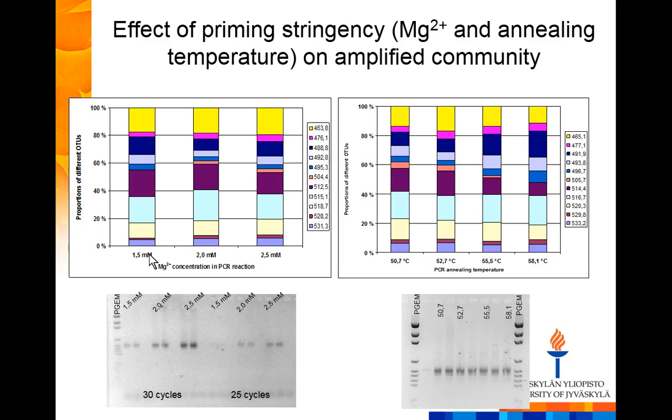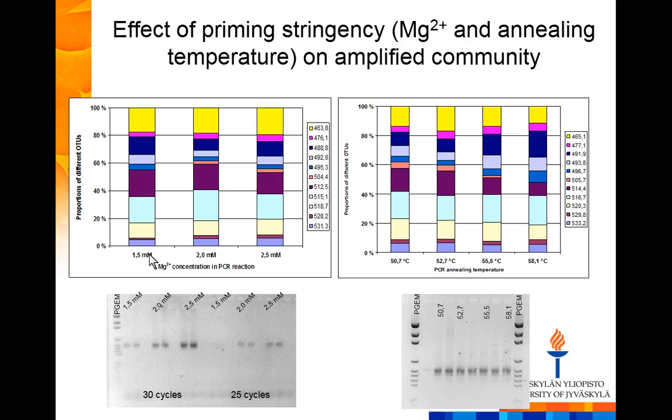You will lose those community members, because the ones to which the primer matches perfectly are amplified much more efficiently. So based on this kind of data, I would recommend that you use the lowest annealing temperature that you can, because then you have the best chance of getting all of your diversity.